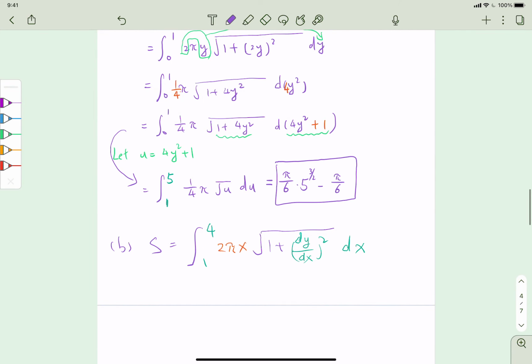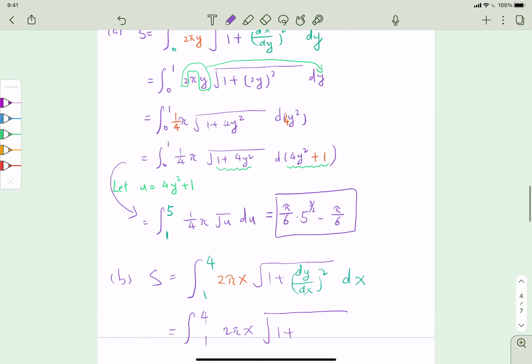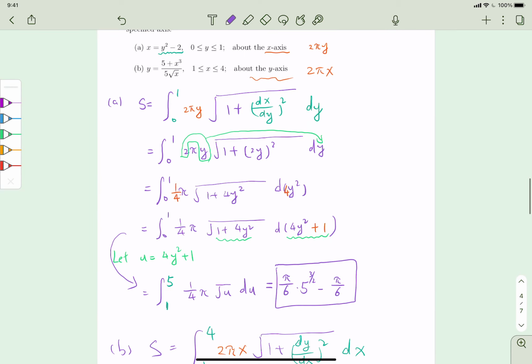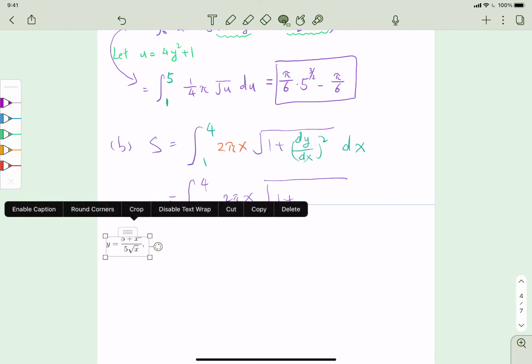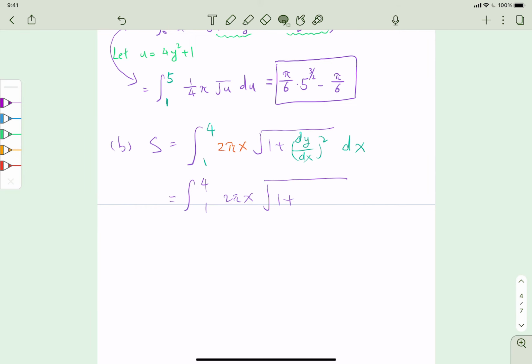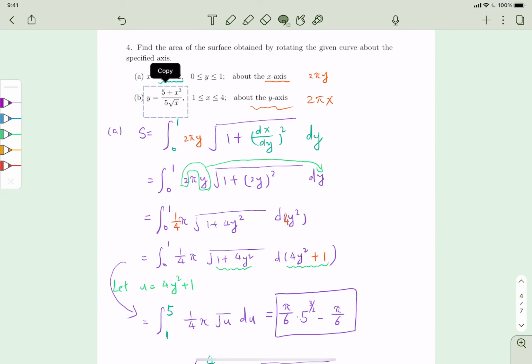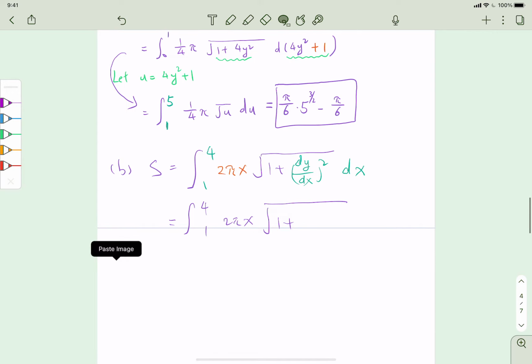And we can now plug in, that is 2 pi x times 1 plus dy over dx. What is dy over dx? We simplify this a little bit first. So this y is equal to this one, okay?